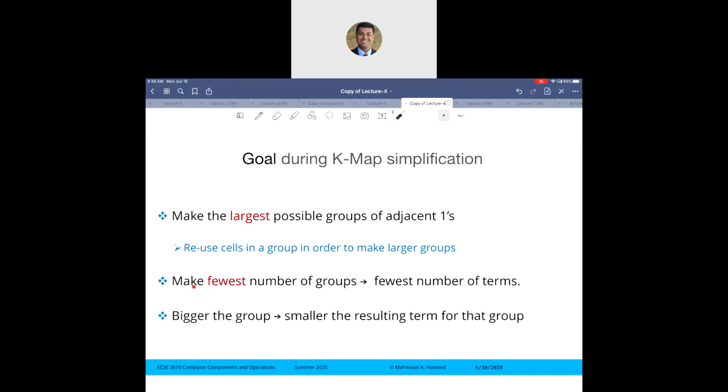And if you do make the fewest number of groups, that essentially means that we have the fewest number of terms, either the product terms or the sum terms, in the final expression. And if you make a bigger group, then that results in a smaller resulting term for that group. You will see all of this playing out in the examples. But those are your goals. Make as large of a group as possible, as fewest of the groups as possible.